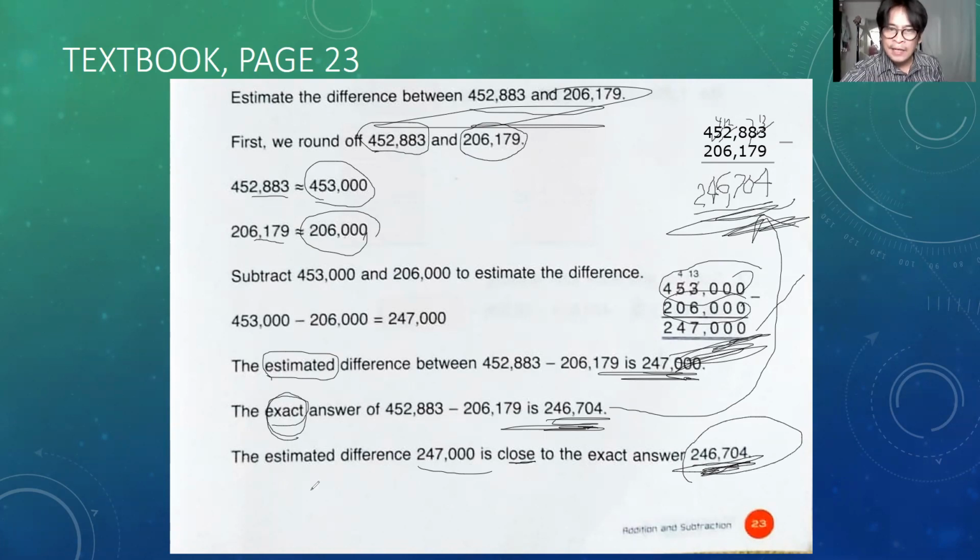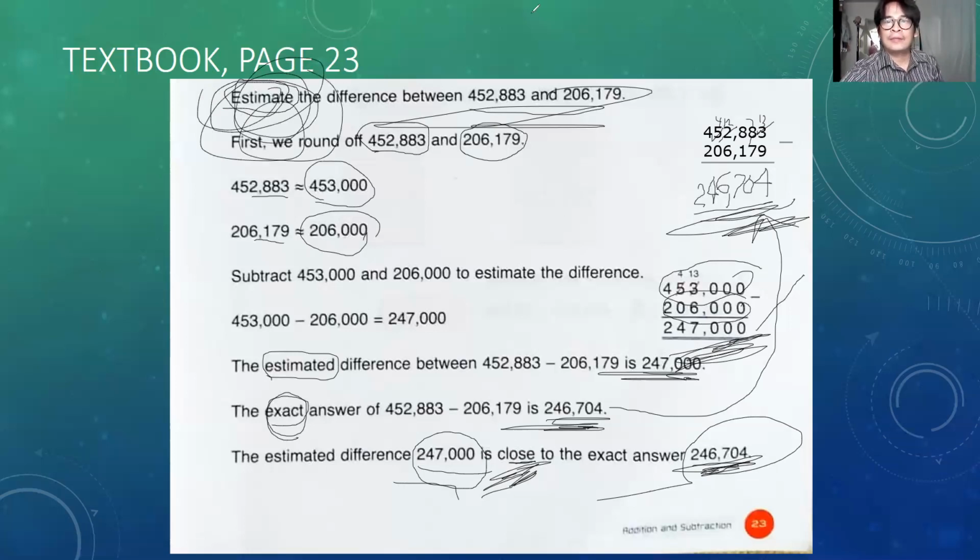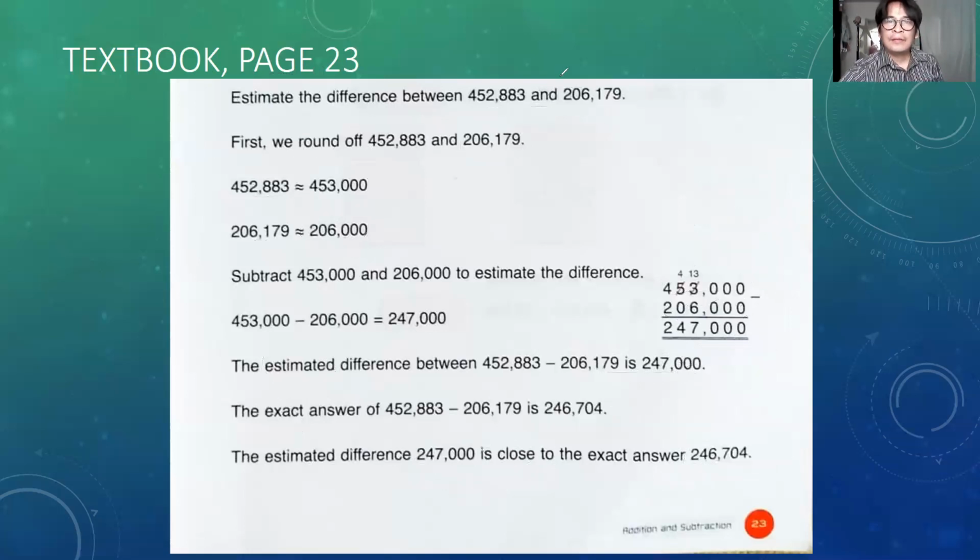So this and this are very close. So that's the use of estimate or estimation. Okay. Do you understand estimation? So you can estimate this one.